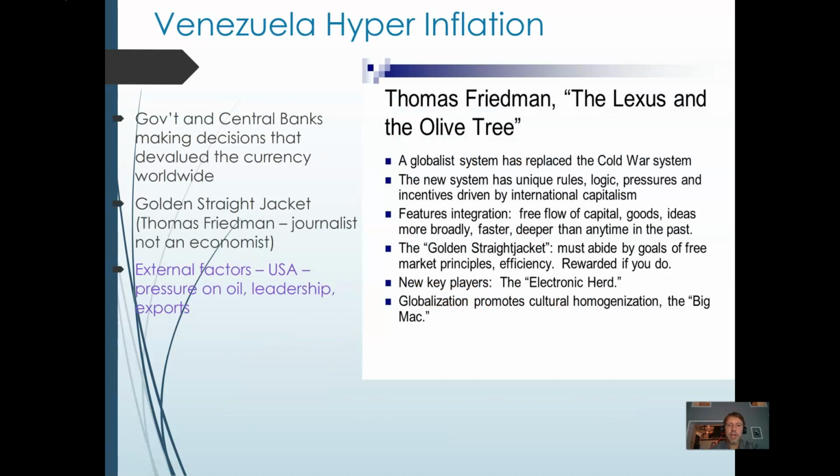I just will make some comments. You can pause on these and always read about it. We talked a little bit about the hyperinflation happening in Venezuela right now in our time. There's a great book that's getting a little bit dated called The Lexus and the Olive Tree by Thomas Friedman.